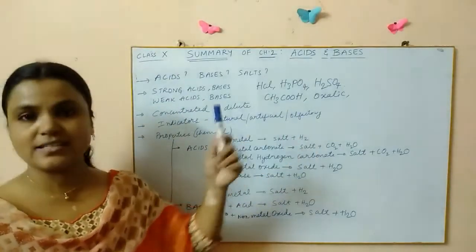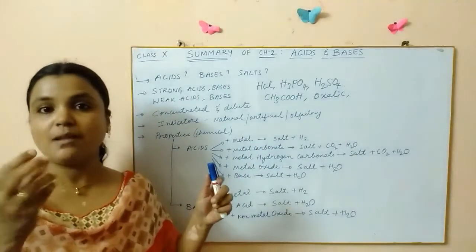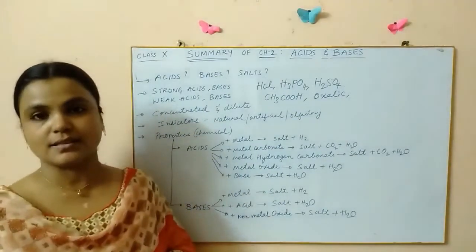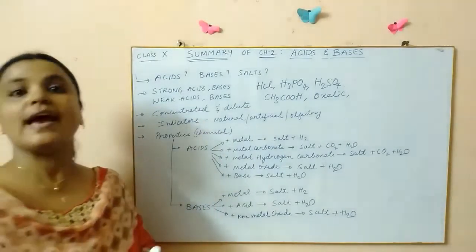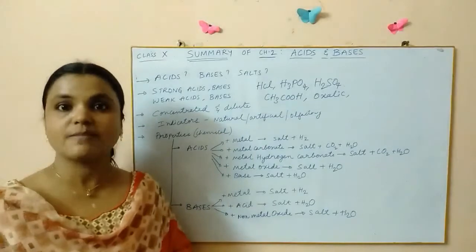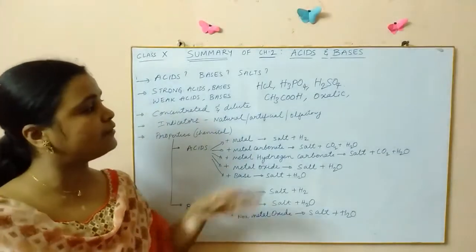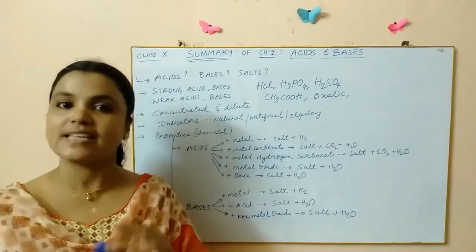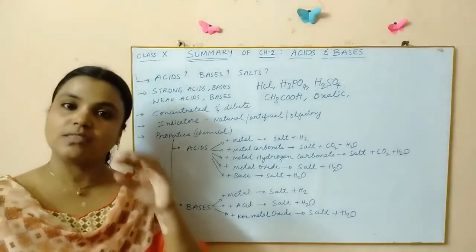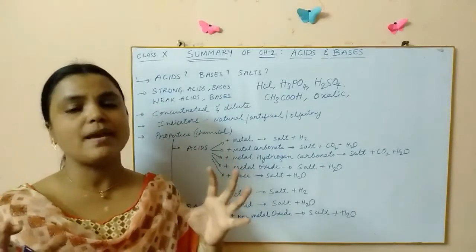We have olfactory indicators also. That means we can identify with the help of the smell that these indicators have. For example, the spice clove oil, or onion, and vanilla essence also. They have their own characteristic smell, isn't it? Usually in acidic media, the smell is retained.